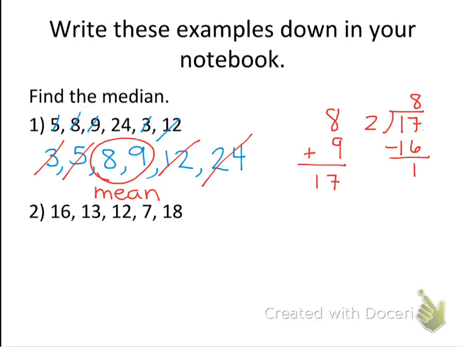So I'm going to put a decimal place, bring it up right away, and then add a 0. Bring down that 0. How many times can 2 go into 10? 2 goes into 10 5 times, and 5 times 2 is 10. 10 minus 10 gives me 0. So my answer here for the median is 8 and 5 tenths. Median is equal to 8 and 5 tenths.